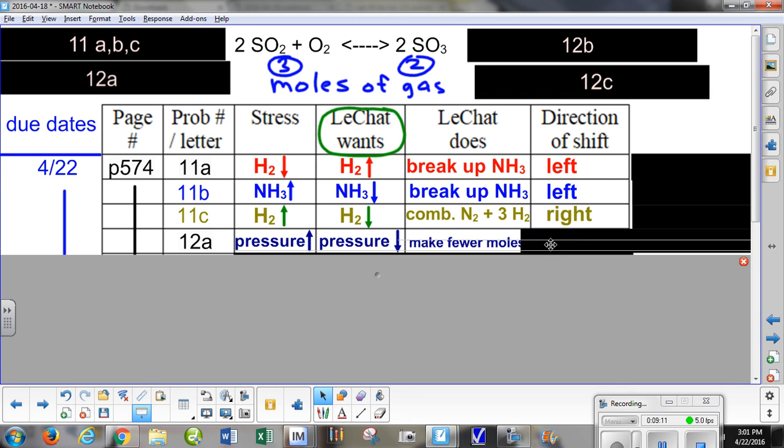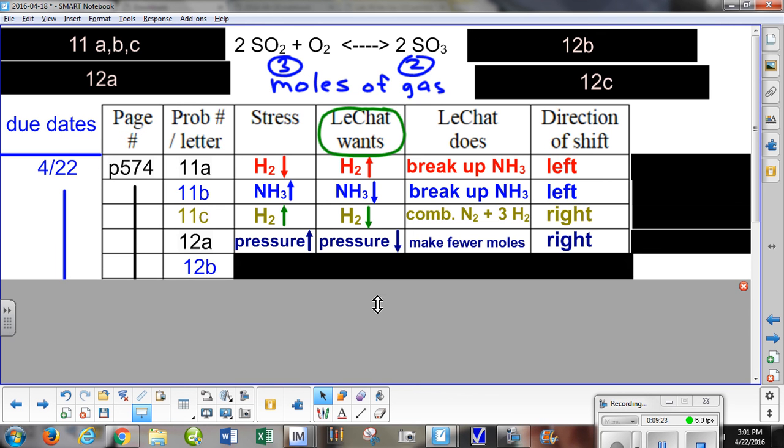So, you're going to make fewer moles by shifting to the right. That's how you deal with pressure. Are we good? Are you with me now? I was asking you where's more pressure, and so we didn't quite communicate.